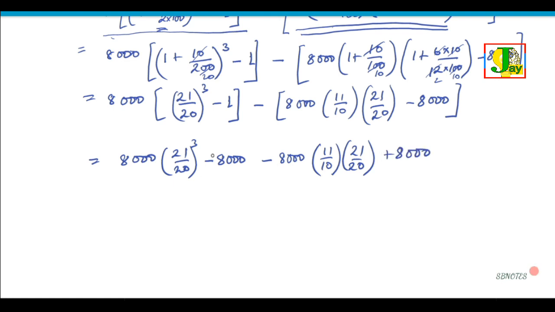So we can cancel minus 8000 plus 8000, and in the remaining part we can take 8000 into 21 by 20 common.